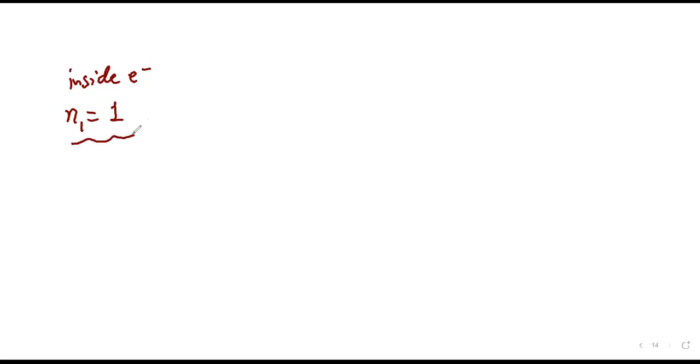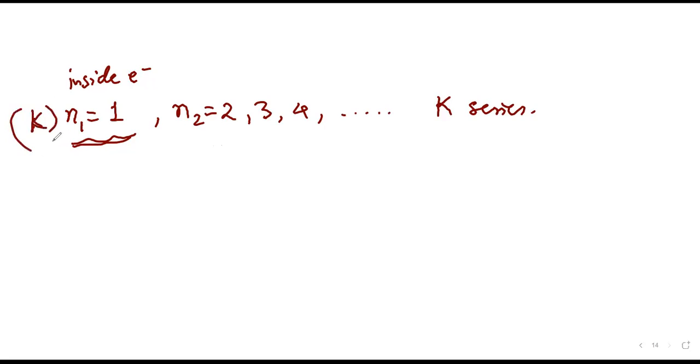So a vacancy is created in the innermost shell. To fulfill this vacancy, now outer shell electrons will come. That means electrons from 2, 3, 4, or so on, they will come, right? This series is called the K series, called K series because n equal to 1 means it is the K shell, right?